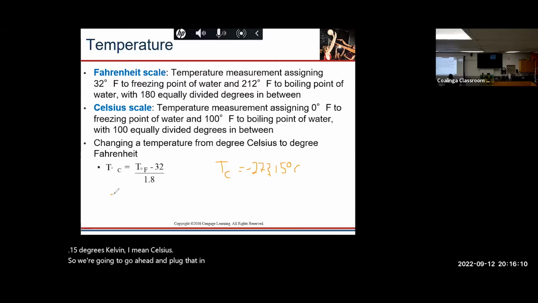So we have negative 273.15. We're going to multiply that by 1.8, and we're going to add 32.